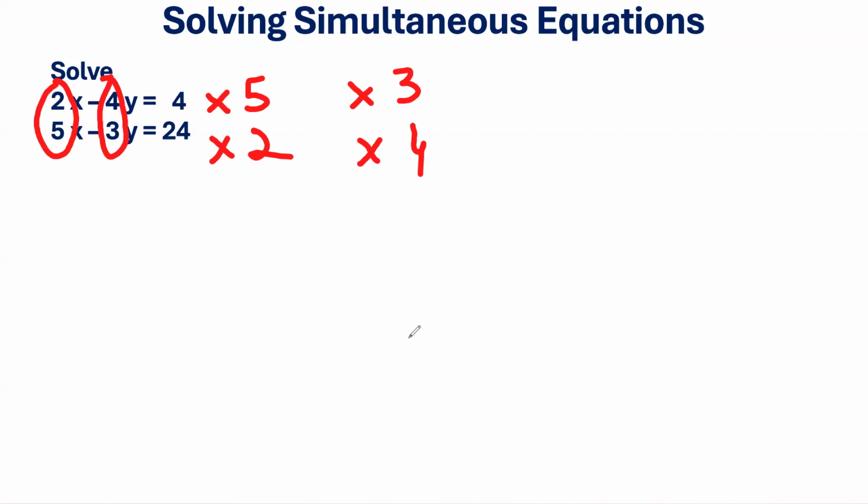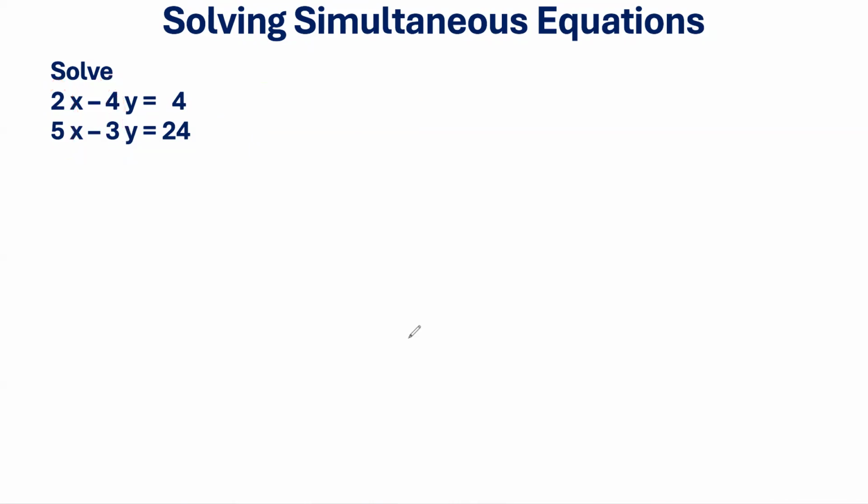I'm selecting to eliminate x. To eliminate x, you multiply equation number 1, these constants are very important, by 5 and multiply equation number 2 by 2. Let's multiply them and see how to eliminate. 5 multiplied by 2 is 10.